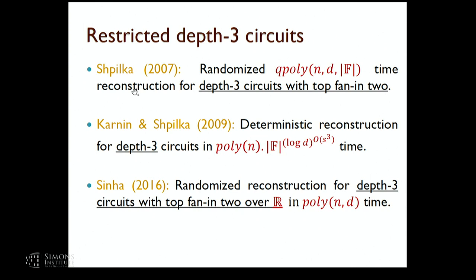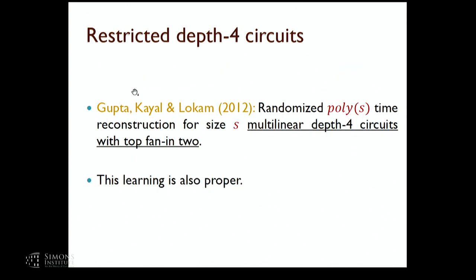And then Gaurav gave a randomized reconstruction for depth three, again with fan-in 2, but over reals or rationals, in polytime. Okay, and these algorithms are proper, modulo a small condition, you can ignore that. There is also one algorithm known for depth four circuits under the assumption of multilinearity, and also top fan-in 2, and that's also a polytime algorithm. This is also a proper algorithm.